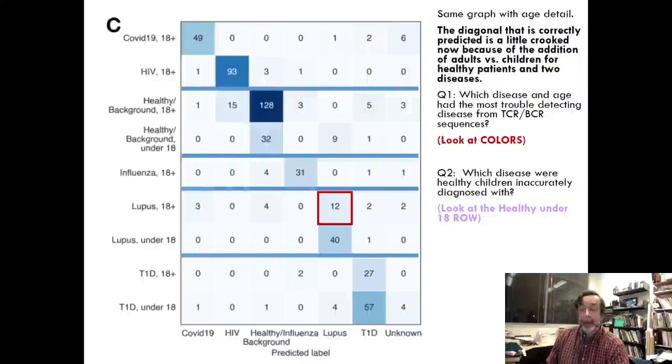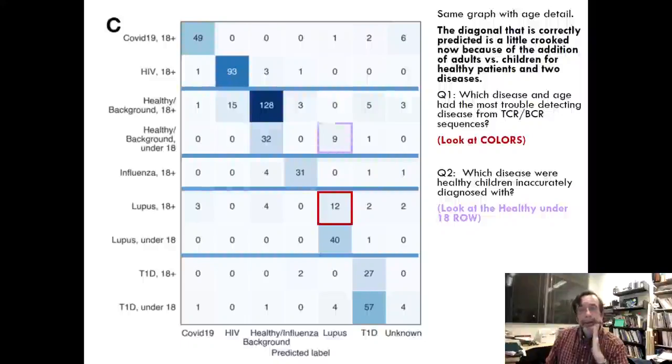The other times it got it wrong. And so that means it's a light square for that. You see under 18, it got it right 40 out of 41 times. So you see there's a real divide over whether the computer could detect lupus in adults, whereas it could detect it in children just fine.